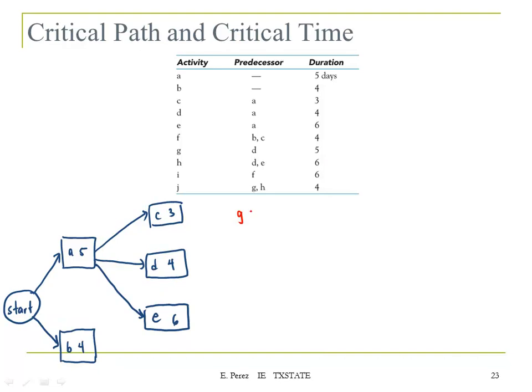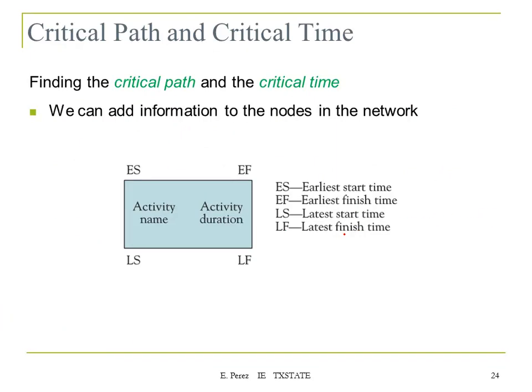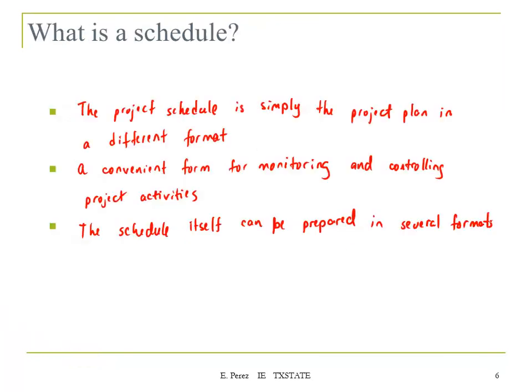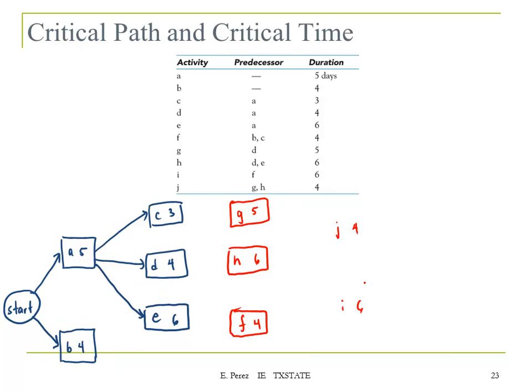We have G5, we have H6, we have F4, J4, and I6. And then we have the finish.